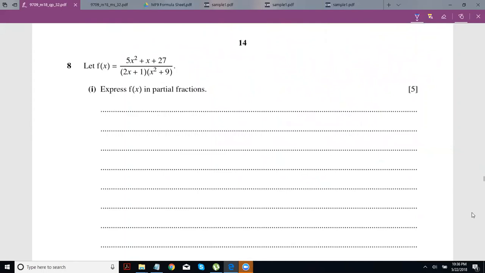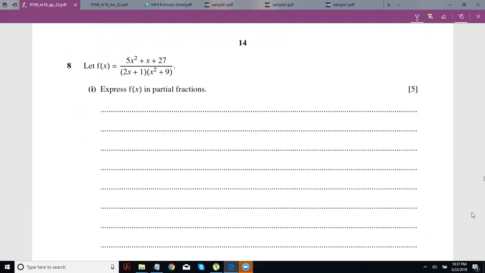partial fractions. So you have to express f(x) in partial fractions, and we know it's not an improper fraction because if you multiply the brackets in the denominator, you will get x cubed, and in the numerator the highest power is just x squared, so that's completely fine.